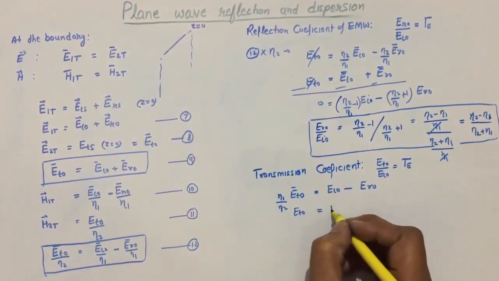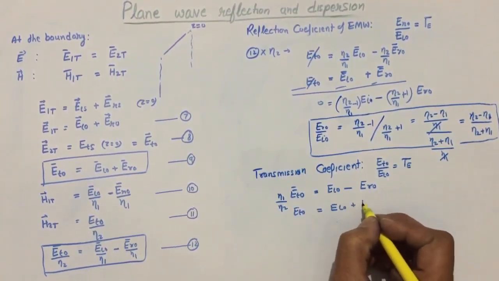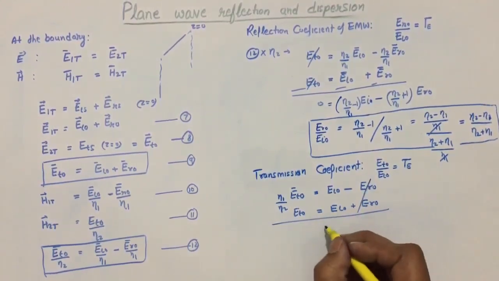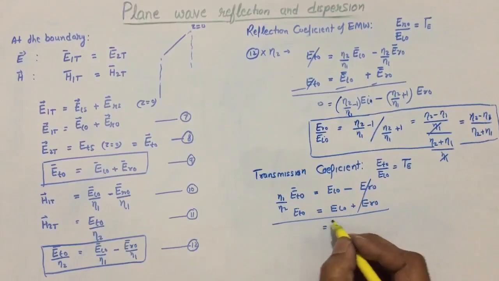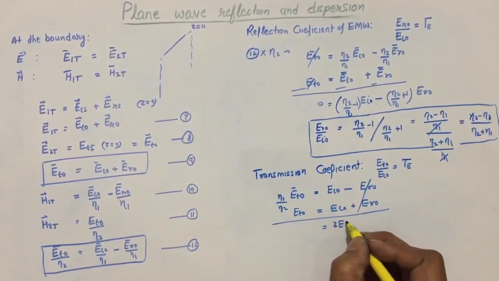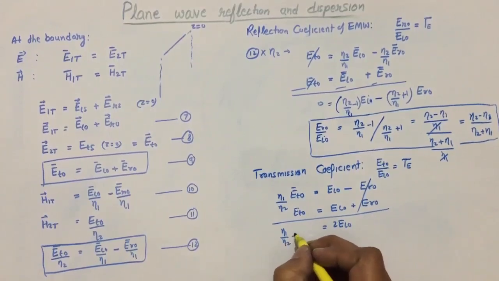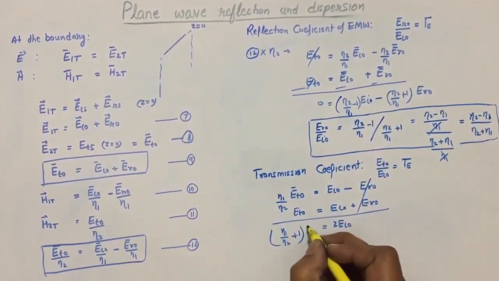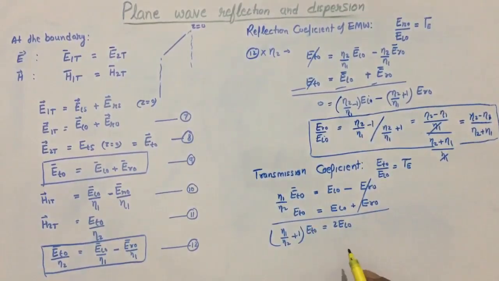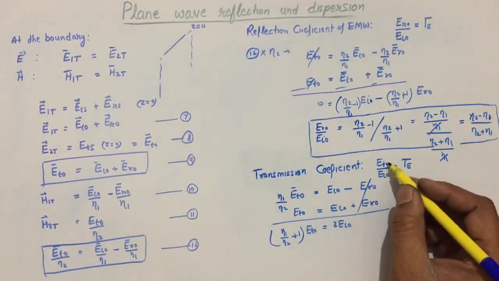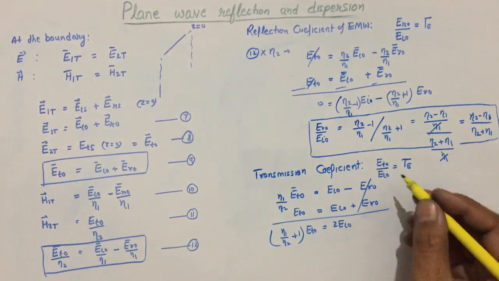E T naught is equal to E I naught plus E reflected, and if we add these two, then we will get 2 E I naught equals eta 2 plus 1 times E T naught, and the ratio that we require to find is transmitted divided by incident component of the electric field.